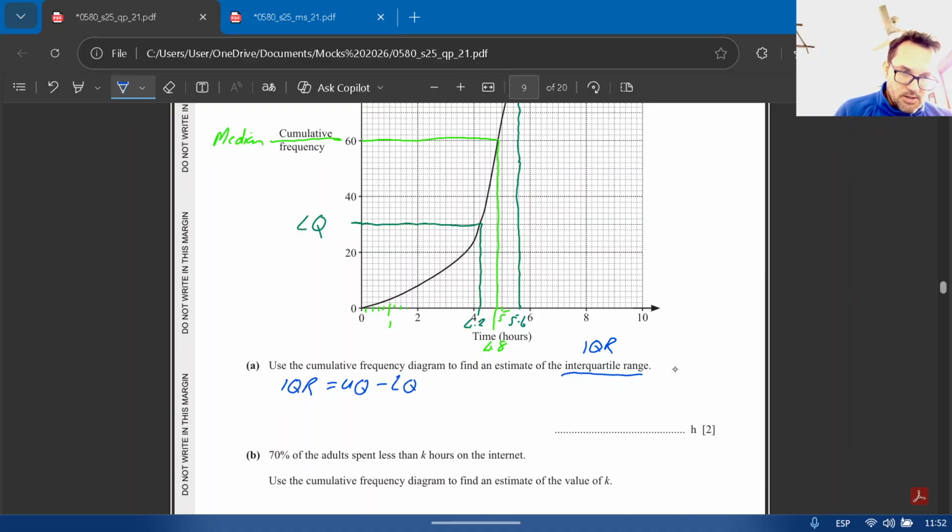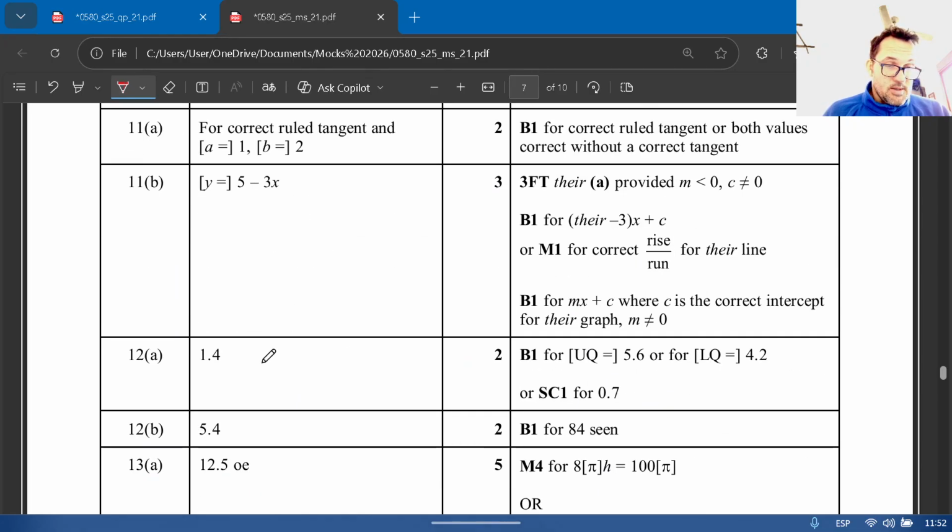So in our case, it's 5.6 minus 4.2, and that will be 1.4 hours. So basically, it's the distance between these. The middle 50% spend, well, the difference of the time they spent is 1.4 hours. That's exactly it, can't have anything else.